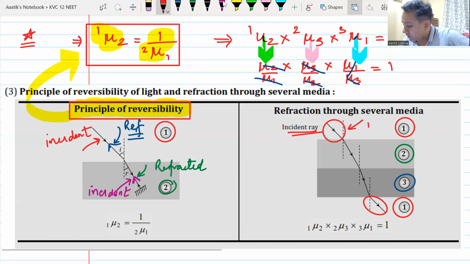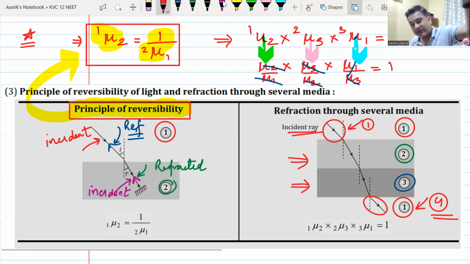So this ray, if I call this as ray number 1, and this ray number 4, which is coming out, and here we have parallel slabs. These slabs are known as parallel slabs.